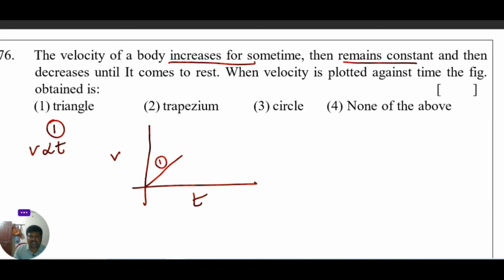Then it remains constant. That means velocity should be constant, so it should be parallel to the time axis. That is 2. Then it decreases until it comes to rest. So this graph is obtained like a trapezium. So option 2 is the right answer.